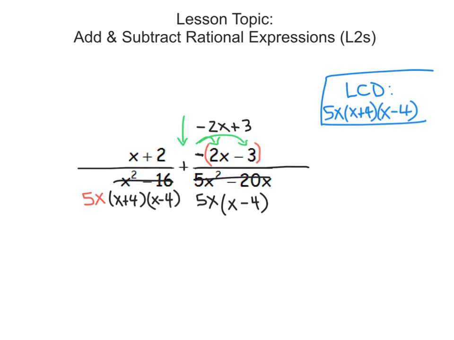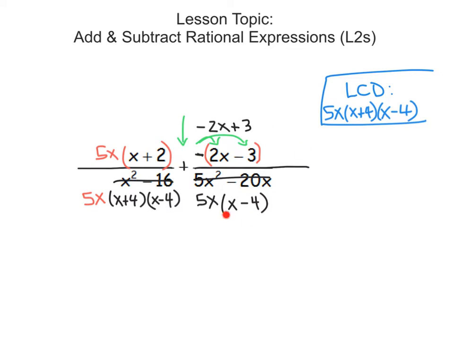And if I need that in the denominator, I also need to multiply the numerator by 5x. And right away I recommend that you put x plus 2, that binomial factor, in parentheses in the numerator. So again, notice, I multiply the top and the bottom by 5x, and 5x divided by 5x is 1, so I haven't changed the value of my fraction.